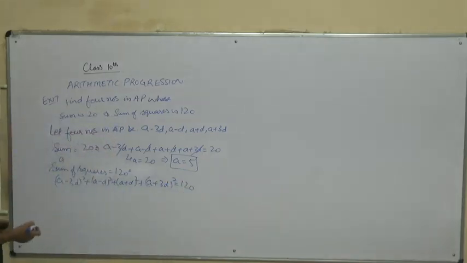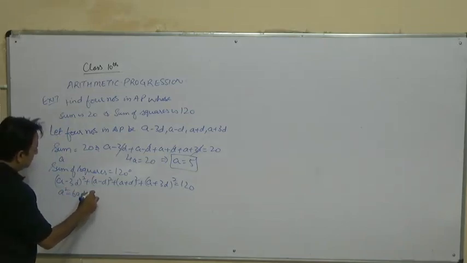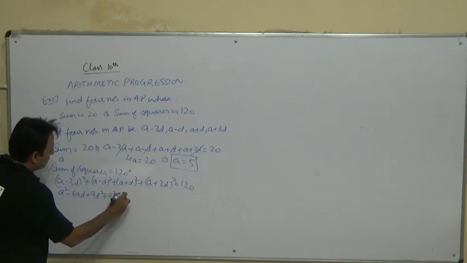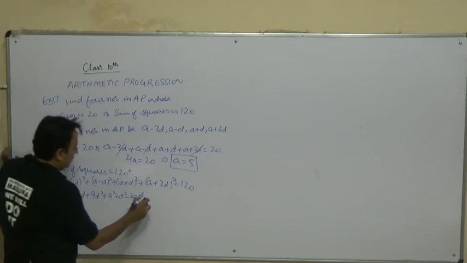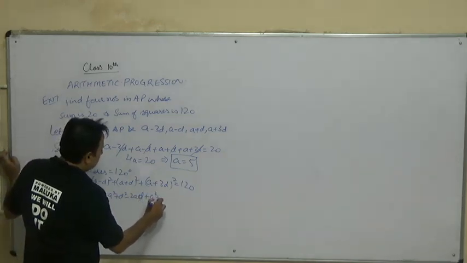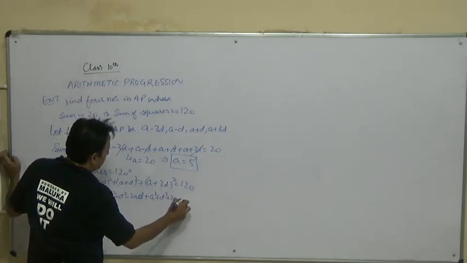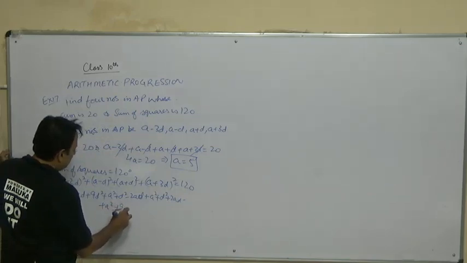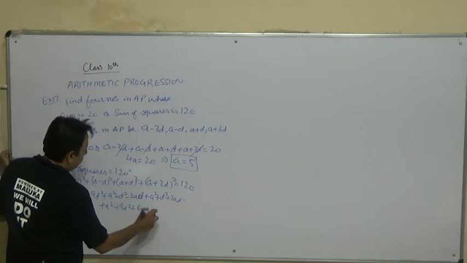Okay. Now use the formula. It will be a square minus 6ad plus 9d square. Again a square plus d square minus 2ad. Then a square plus d square plus 2ad. a square plus 9d square plus 6ad is equal to 120.